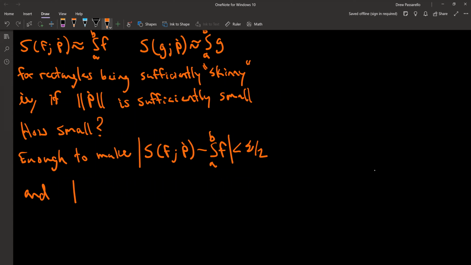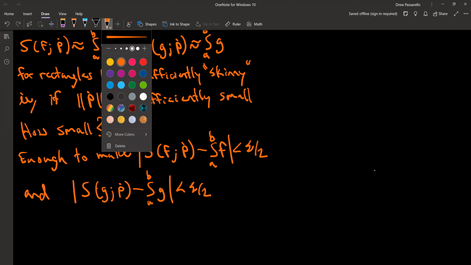And the same thing for g. And we can do that because of the assumption that f and g are each Riemann integrable.